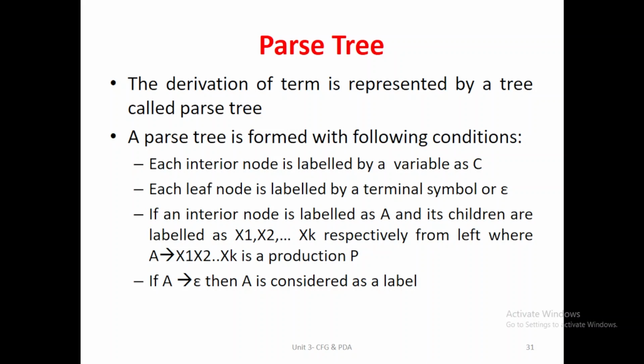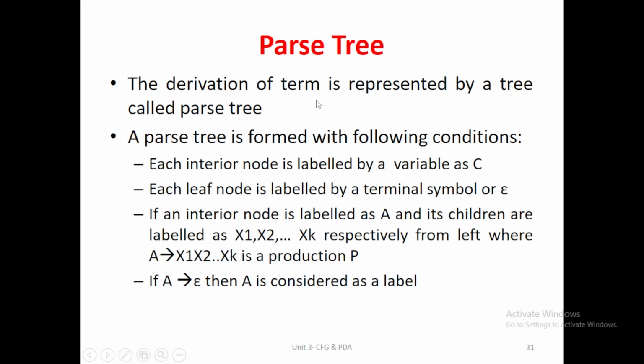If any grammar is given, we can implement both LMD and RMD. From the previous videos, we can construct those derivations. Now, from the derivation, how do we construct a parse tree? This is the goal of today's class.